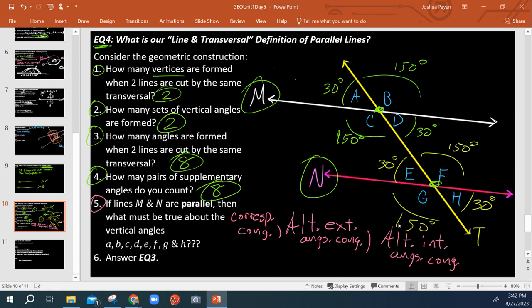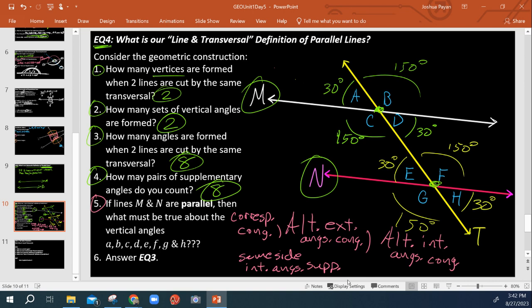What else could we say? Well, you could say same side interior angles are supplementary, right? So same side interior angles are supplementary. There's a whole bunch of things that are true.